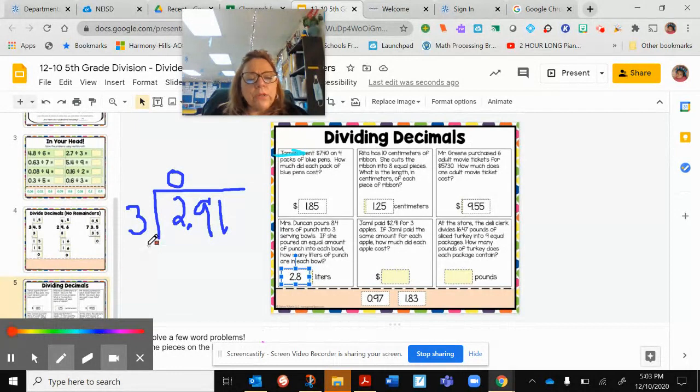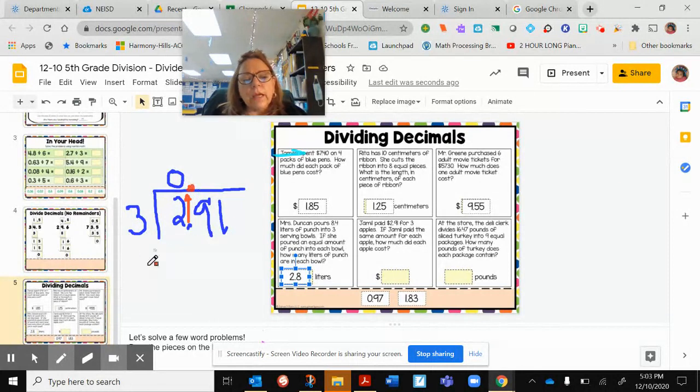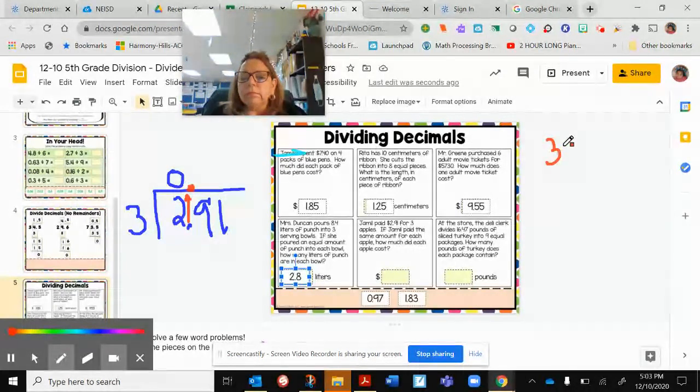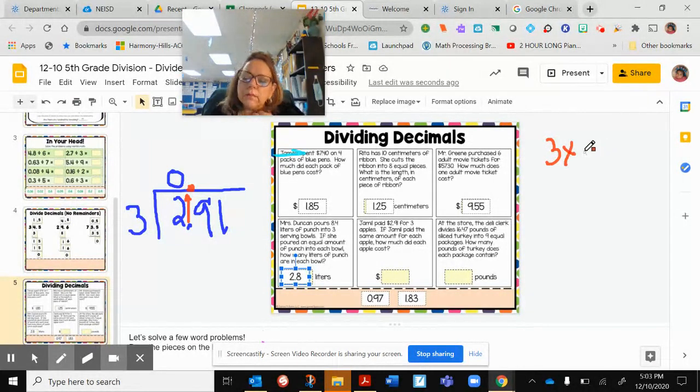Okay, I'm going to change my color here and bring up my decimal. Okay, so 29. Ooh, okay, so let's look at this here. I'm going to have 3 times, let me do the 7, because I know that's 21, and I'm trying to get as close to the 29 without going over. 3 times 8, that's 24.